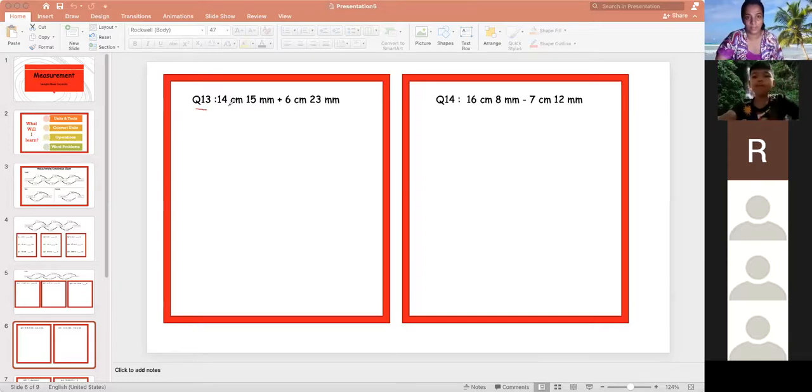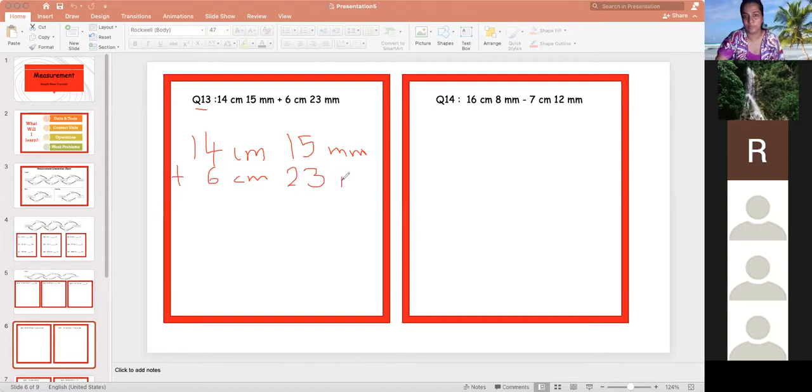Question 13. 14 cm 15 mm tambah 6 cm 23 mm. Very simple. Tulis asing-asing. So you write 14 cm, you write the centimeter, then you write 15, you write millimeter, plus with 6 centimeter and 23 millimeter.